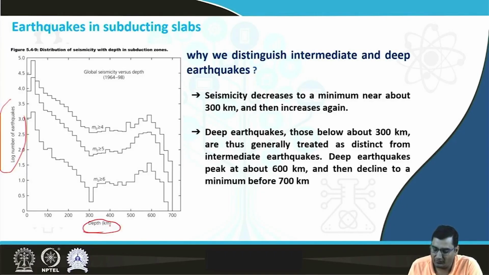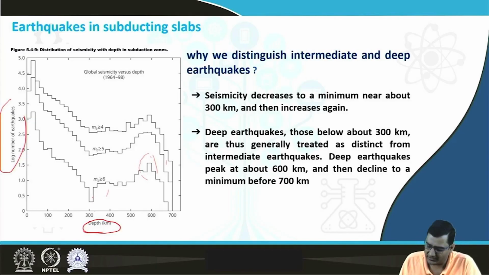What you will observe is that the earthquakes at subduction zones have a lower peak at 300 kilometers, then again rise at around 600 kilometer depth, and then again have the minimum number of earthquakes at 700 kilometers.